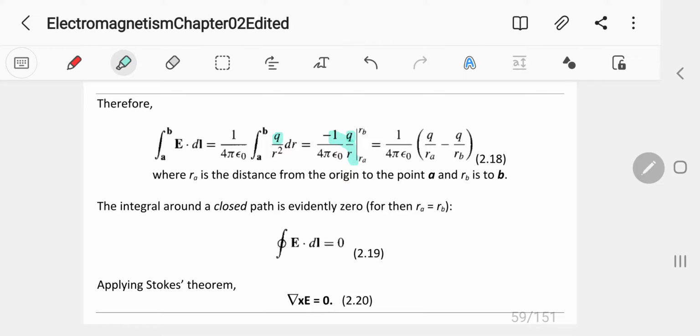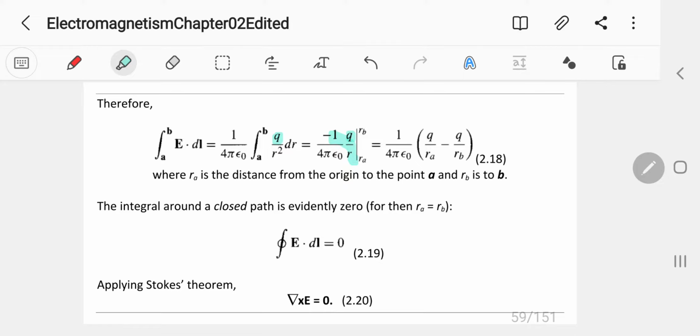Now, if you go from one point to another point where the distance is different, you will have a nonzero value of the integral of E dot dl. But when you take a path going back to the same point, this means that your initial and final points are the same.